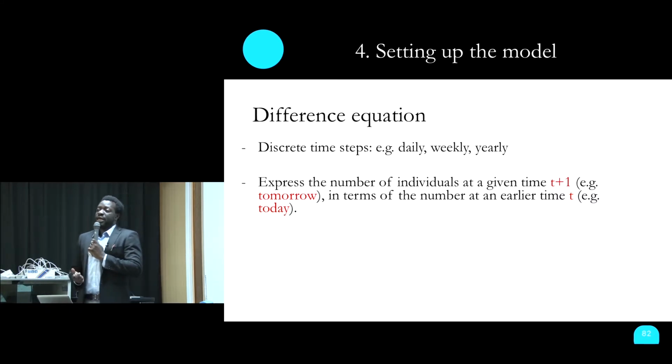Simply, it means that I can predict what will happen tomorrow based on what I know today. So tomorrow can be predicted by the information that we have today. And when you arrive tomorrow, you can use the information you have on that day to predict the following day. So we're using the information at time t to predict the information at time t plus one by using difference equations.